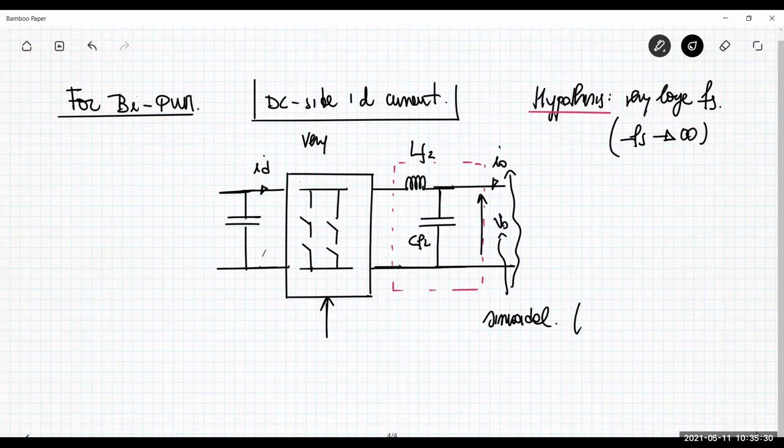So basically they are the average value of the output current and voltage at the exit of my inverter. And then you have here your load. Your load can be, say, a motor, whatever. So this is your generic load. It's not important here.